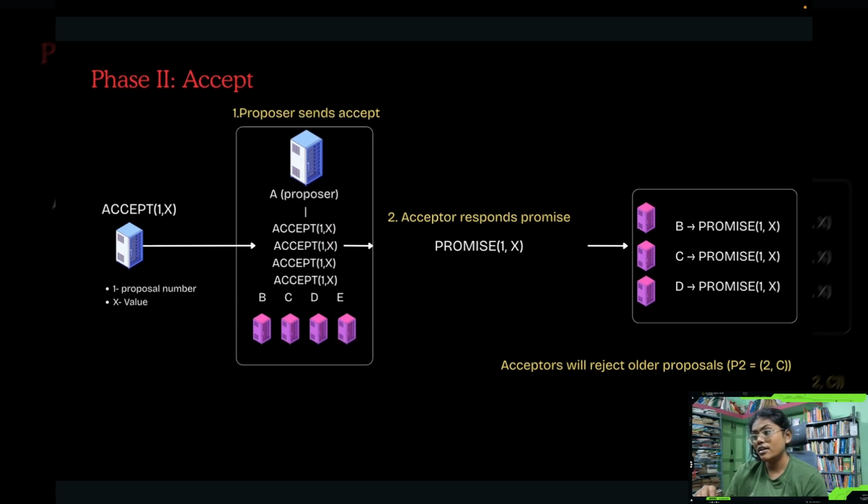And if the acceptor receives an older proposal with a value, if the value is less than the current accepted value, it will discard the older value and go ahead with the new value.